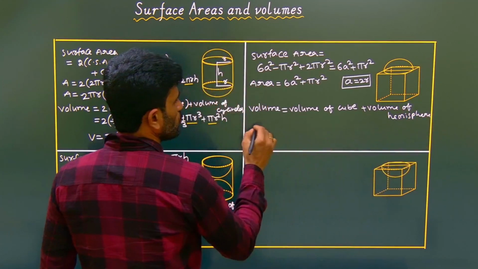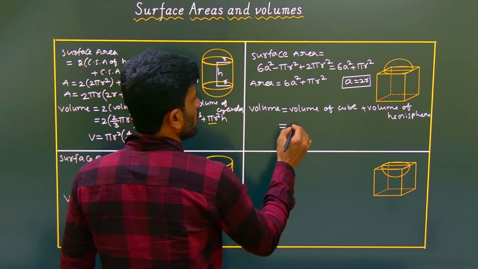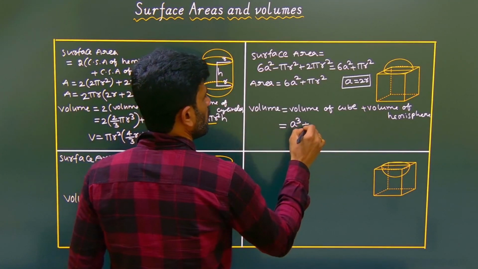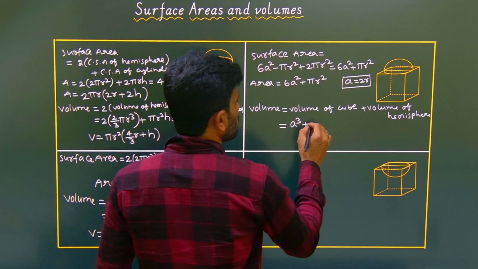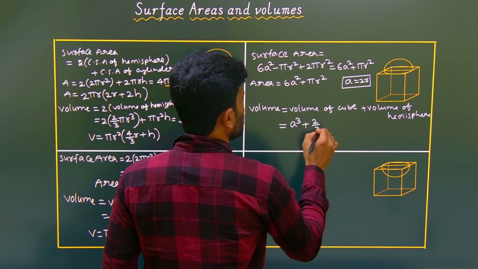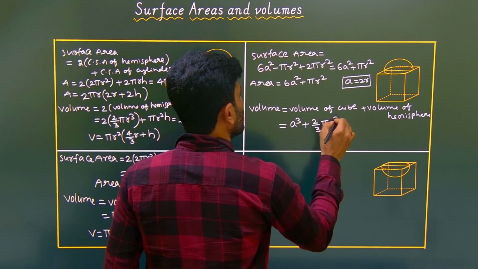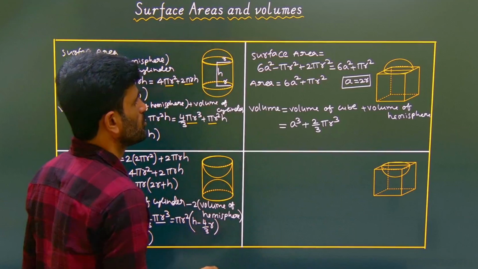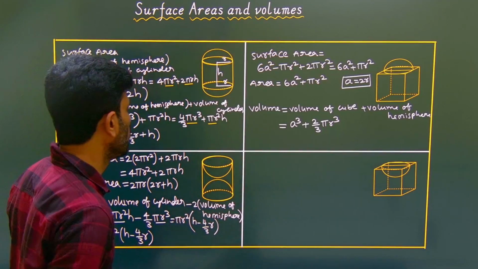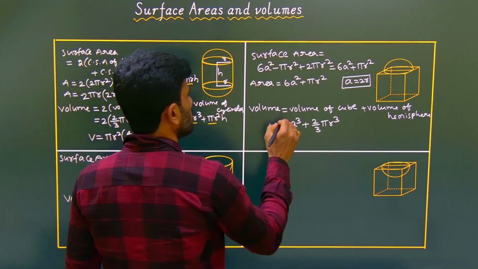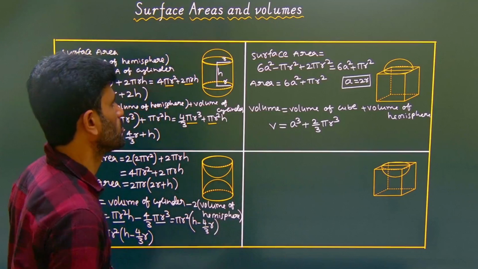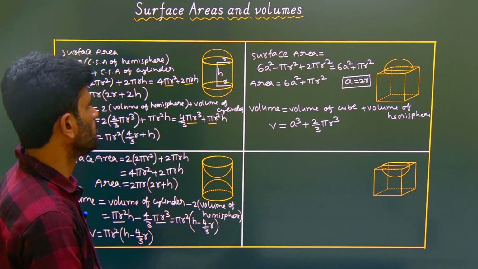So here, volume of cube is a cube, plus volume of hemisphere is 2 by 3 pi r cube. If you want to simplify further, we can substitute a is equal to 2r and simplify, but remember like this, later you can substitute the values and simplify it.